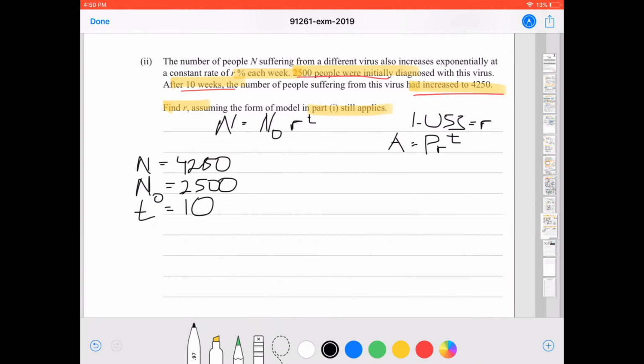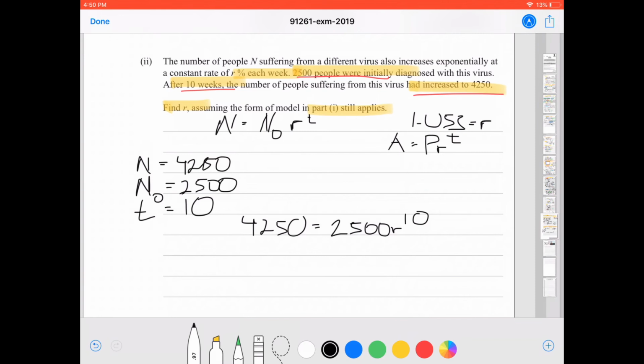So let's substitute these values in. We've got 4,250 equals 2,500 r to the power of 10. And is that correct?